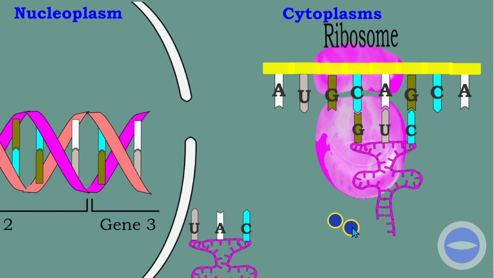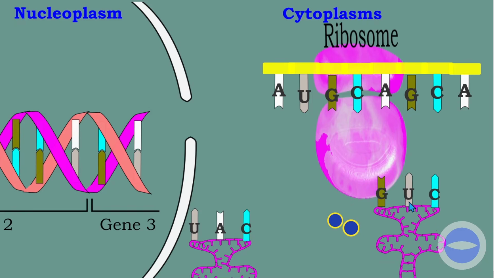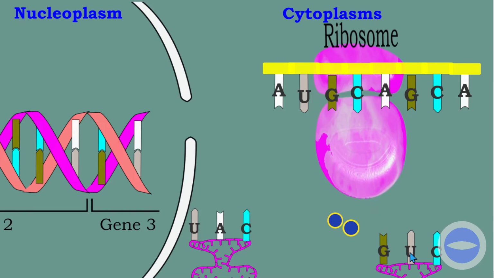This one will come here, and then again this tRNA will leave, then go to look for another amino acid in the cell, and then another tRNA will fill this space, and then they will also leave amino acids.